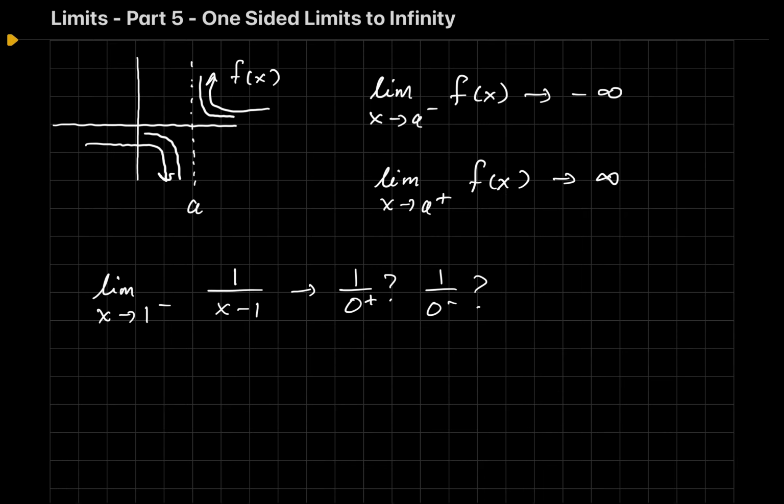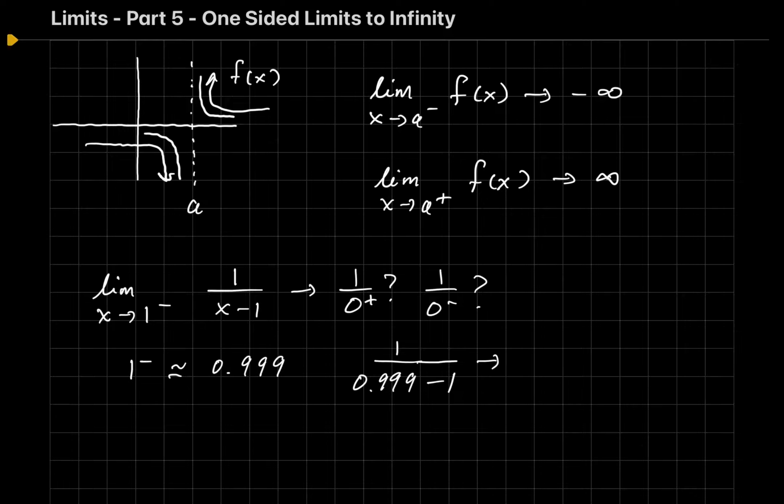Well, x going to 1 from the less than side is a number like 0.999. So if I were to plug in x equals 0.999, I would get 1 over 0.999 minus 1.